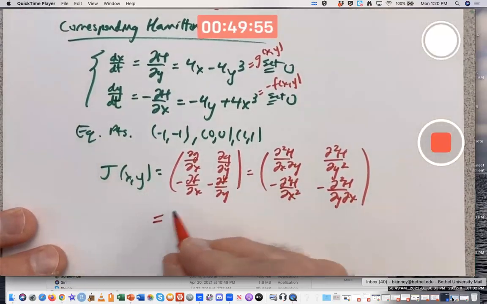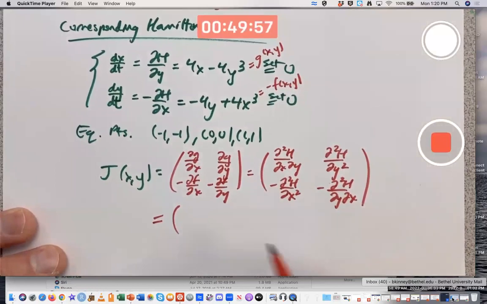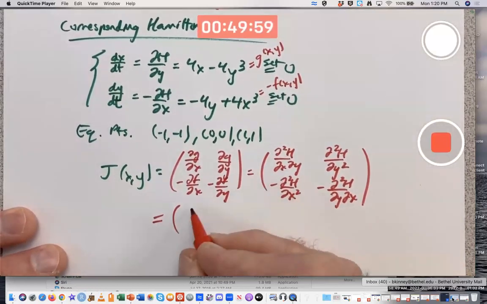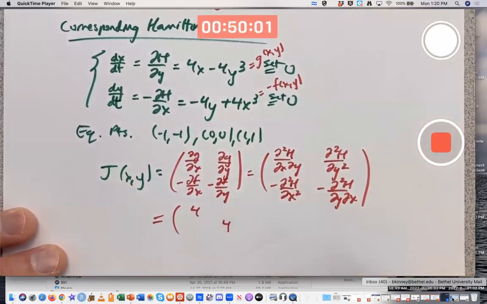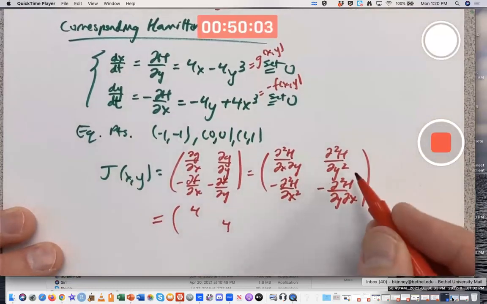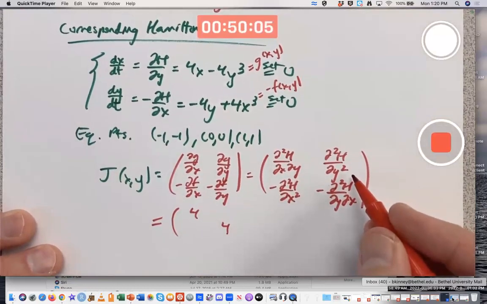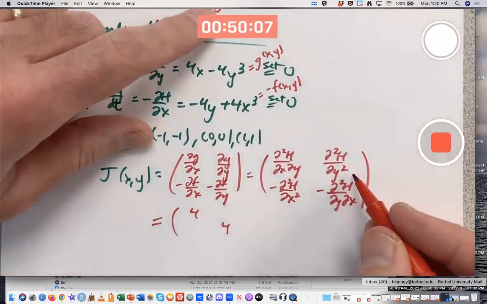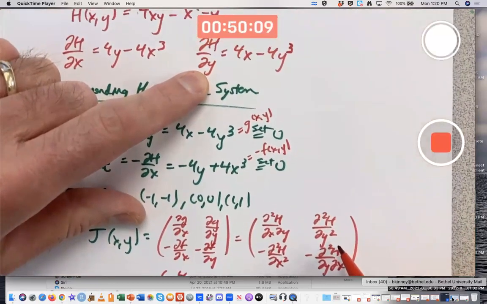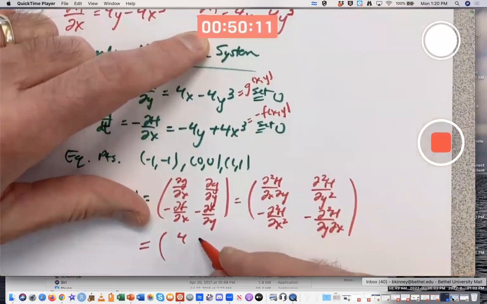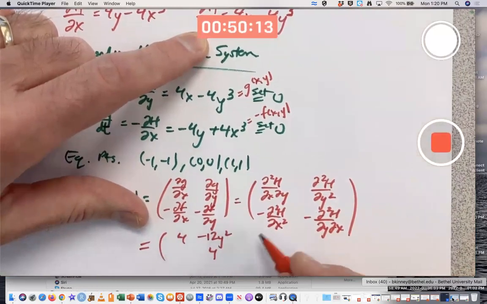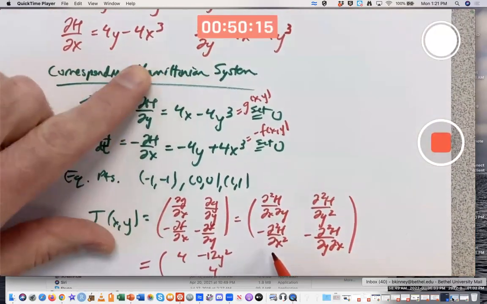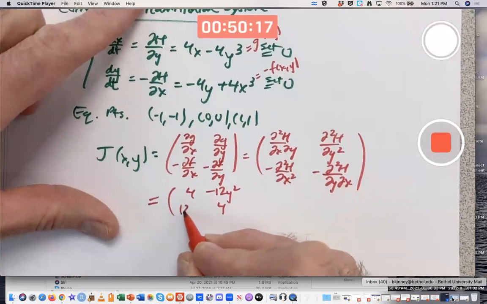What does it equal for this example? These two would be 4s. And let's see, this one would be, differentiate this with respect to y again, I get negative 12y squared. And this one already has a negative sign in it, so this gives me positive 12x squared, actually.